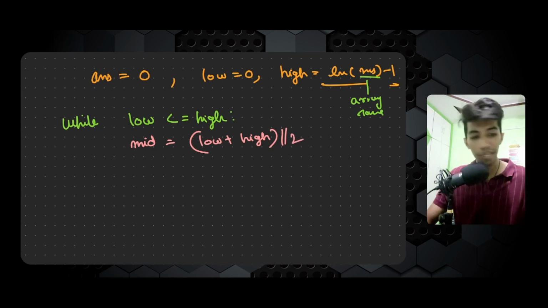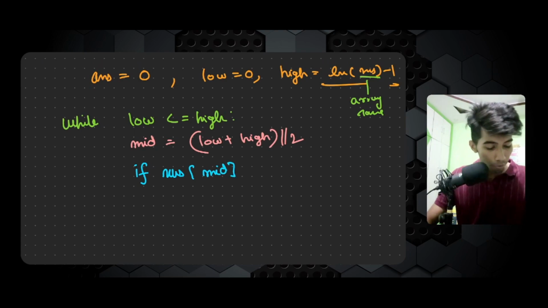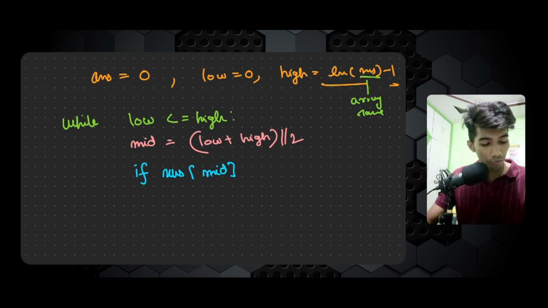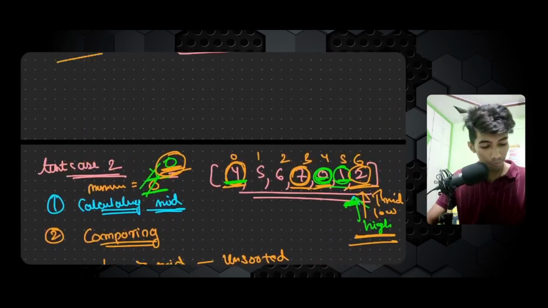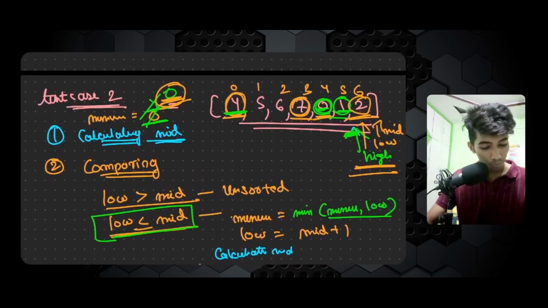Then I will calculate the mid, which is low plus high. So I will get the mid here, and then I will check the condition: if my nums of mid is lesser than nums of low, because you have to compare, as we have just seen in this particular case above.